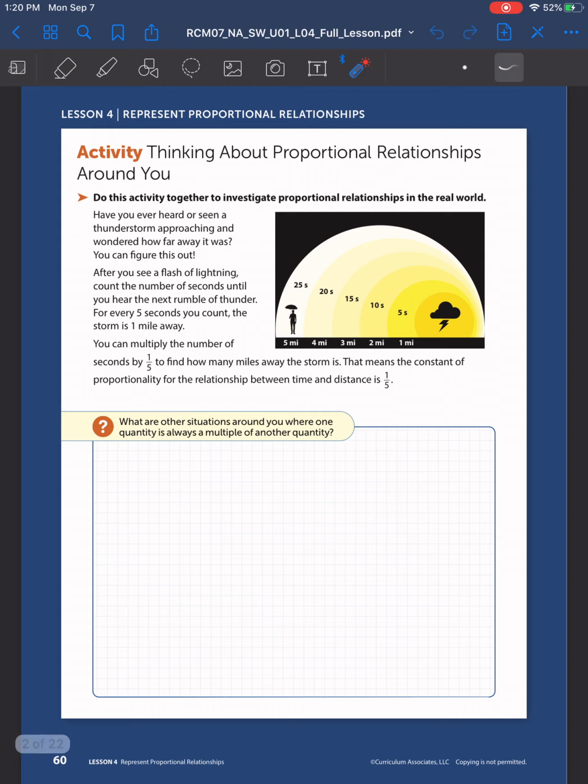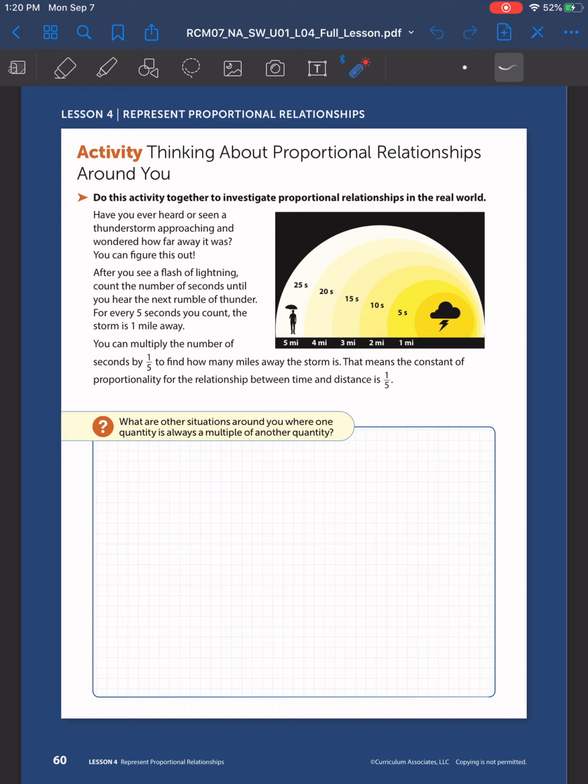Page 60 talks about how proportional relationships can grow if it's proportional. Here's an example. Have you ever seen a thunderstorm approaching and wondered how far away it was? After you see a flash of lightning, count the number of seconds until you hear the next rumble of thunder. For every 5 seconds you count, that storm is 1 mile away.